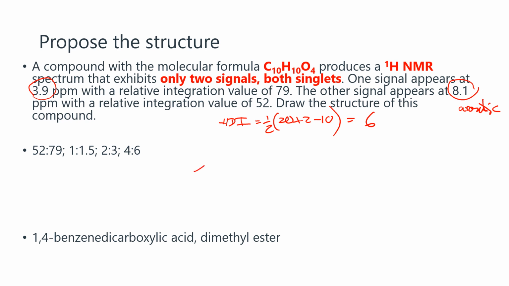So 1 benzene ring, and I have 4 oxygens. So I'm gonna start there. That's 4 unsaturations. Because I have 4 oxygens, I can think of ketones, by having 2, I can think of carboxylic acid, or I can think of esters.